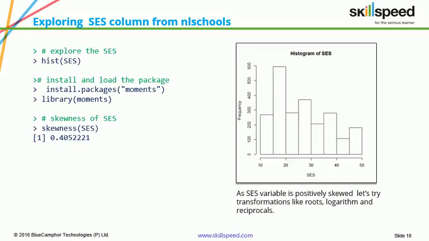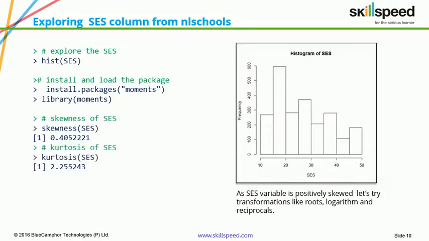We can see that this initial portion at the left-hand side denotes that the frequency is about 200 or so for data points between 10 and 30. Whereas as you go towards the right, there are fewer data points. This data is clearly right skewed, because most of the data points are at the left.